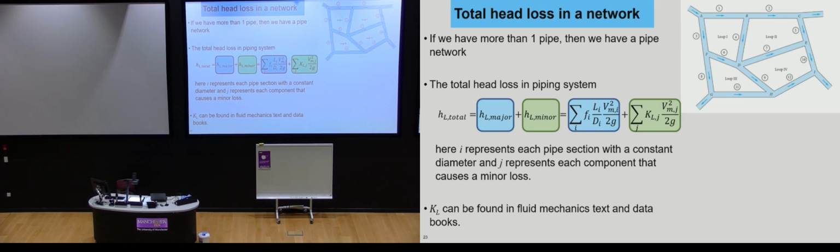And then I've got my minor losses, the ones due to the changes in geometry at each of these network points. As I've said, those energy loss coefficients can be found in data books or tables that will generally be provided for you. It's very rare that you would have to measure it or work it out. I'm just putting that there so that you know how we do this more generally.